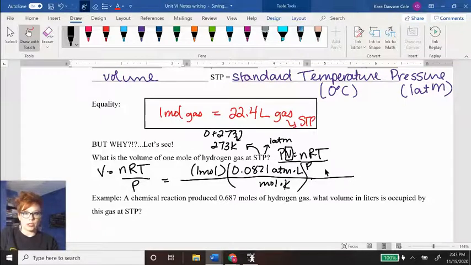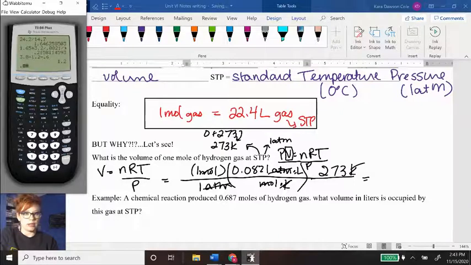And then temperature is 273 Kelvin. Kelvin's canceling out. And then moles are also canceling out. And then I have pressure, which is 1 atm, which is canceling there. And I'm in liters.